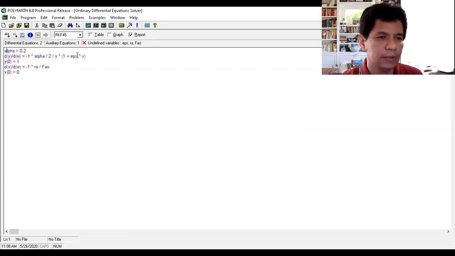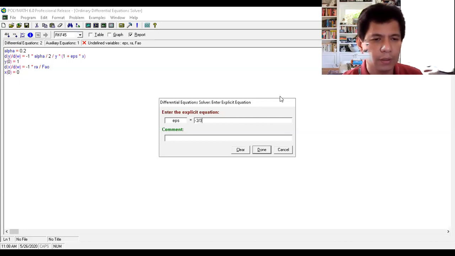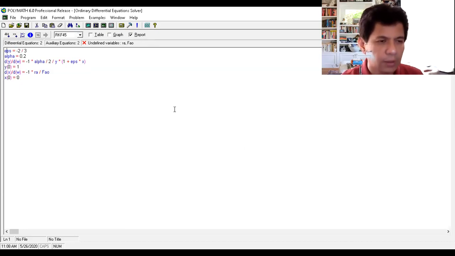And then let's enter the value of epsilon. Epsilon, what we calculated earlier, is negative 2/3. So just click the explicit equation again, and then type in eps, and then enter negative 2/3. Okay, done. So basically, you just enter the constants one by one until you have entered all of them.